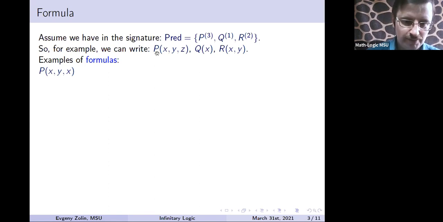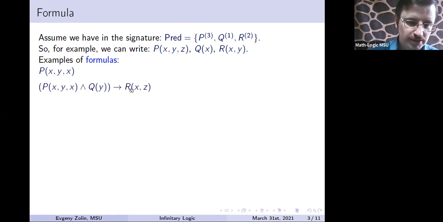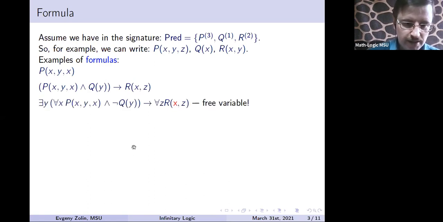You can write a predicate symbol. In parentheses, you write its arguments. Its arguments can be any variables. They may be the same, they may be different. It doesn't matter. You can combine these formulas using conjunction, disjunction, negation, implication. So this is a formula. You can use quantifiers. You can write exists y, for all x here.